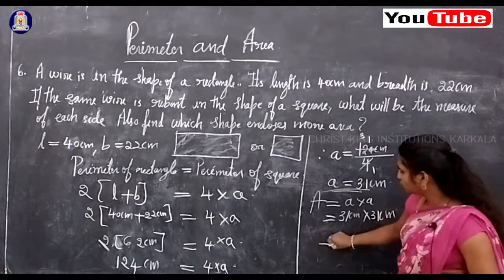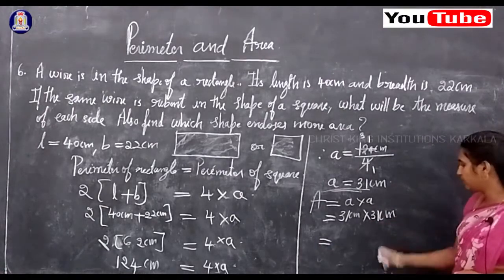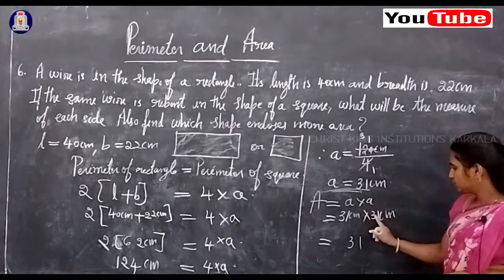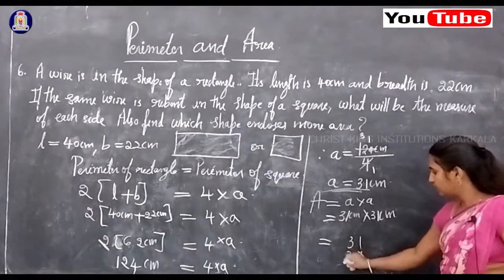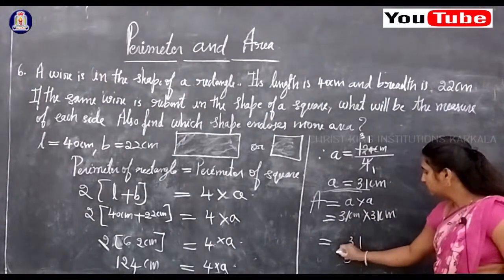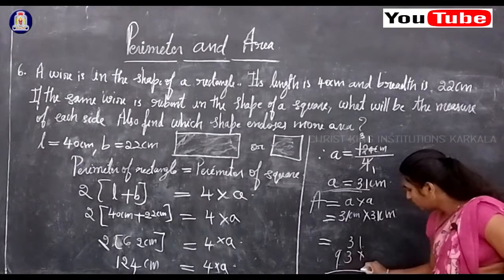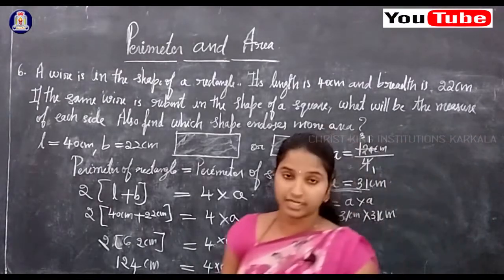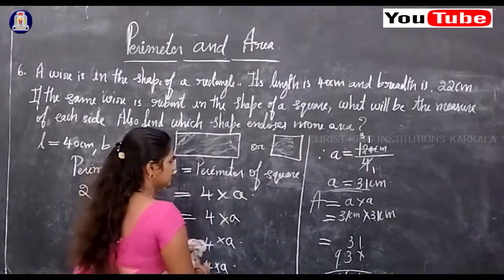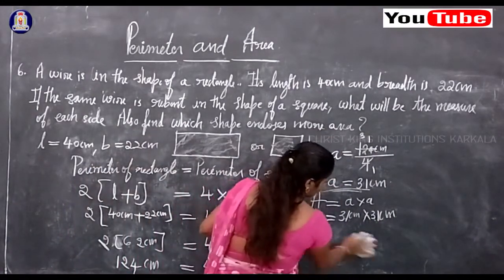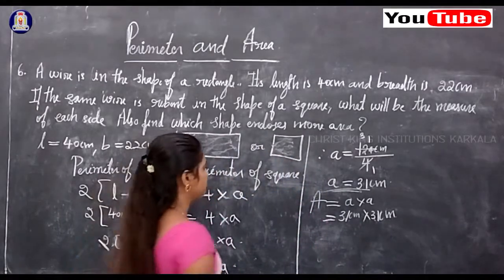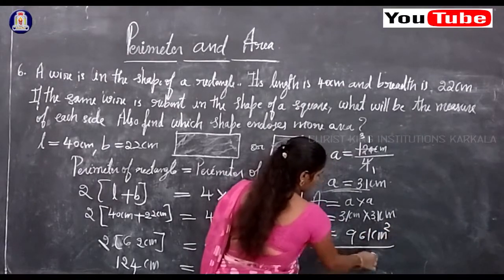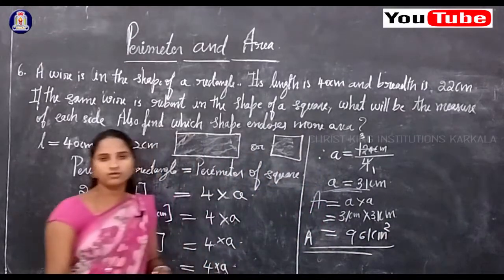We'll multiply: 1 one is 1, 1 three is 3; 3 ones are 3, 3 threes are 9. So I got 961 centimeters square. Multiply and check whether the answer is correct. So 961 centimeters square is the area of the square.